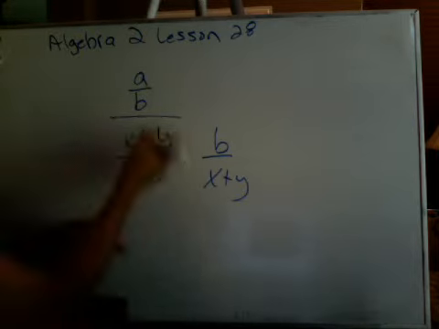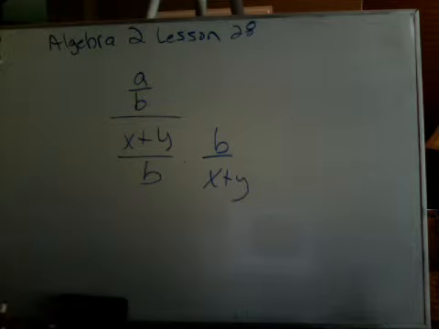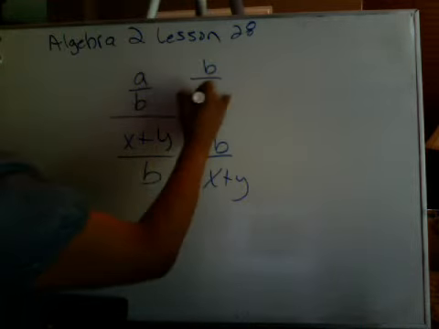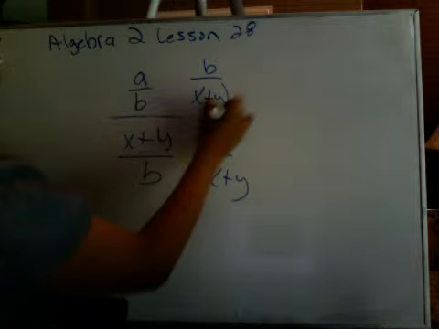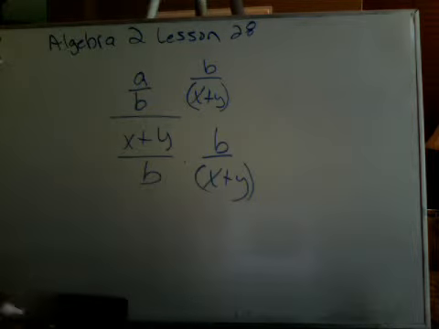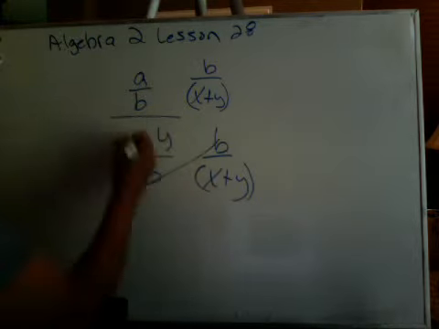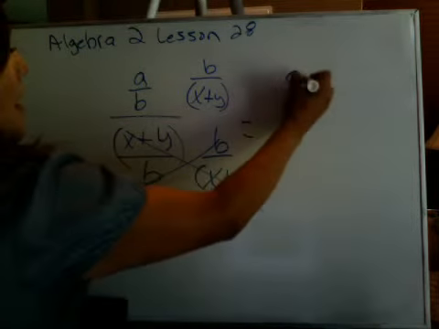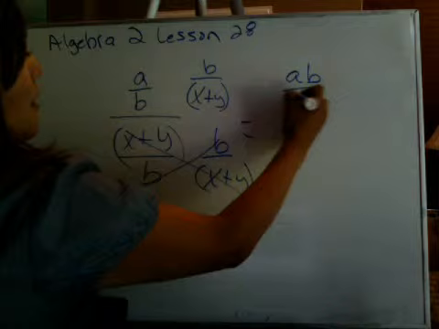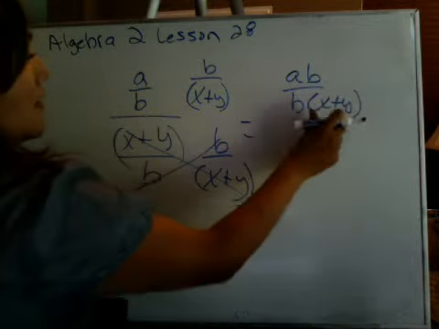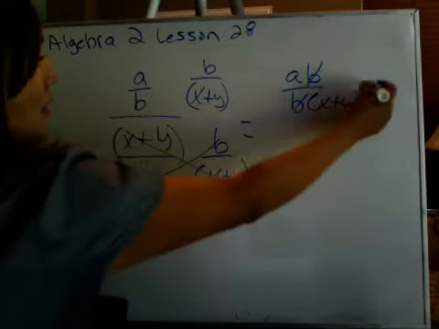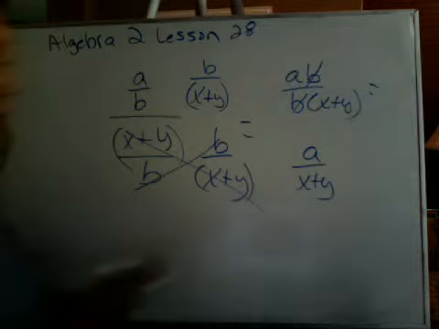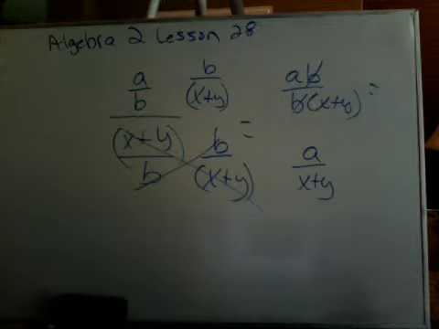You multiply any fraction or any number by its reciprocal, you're going to get 1. So what we do to the denominator, we must also do to the numerator. Remember, you put parentheses to know that these are married until you distribute through. So this simply crosses out, yes? And you're left with AB over B times x plus y. Because of the multiplication, this crosses out, and you simply get A over x plus y. And you can't simplify any further than that.